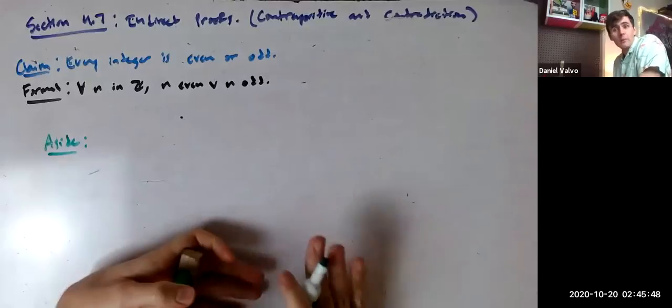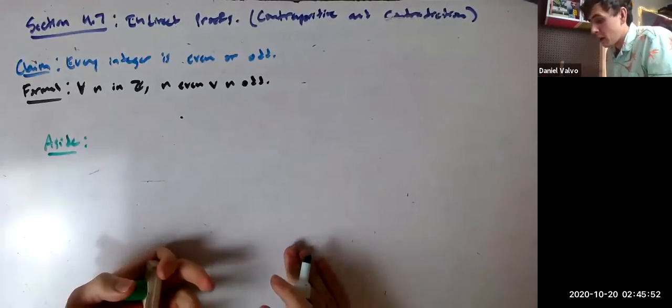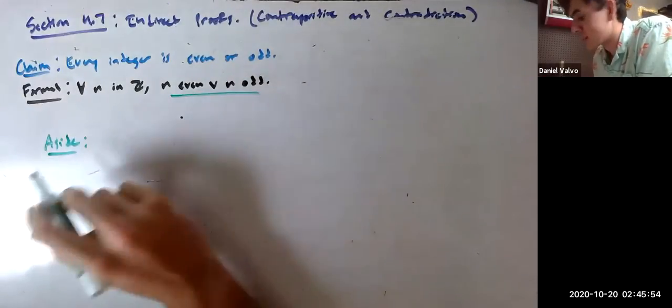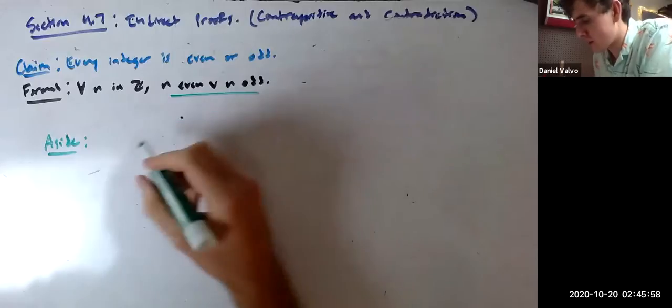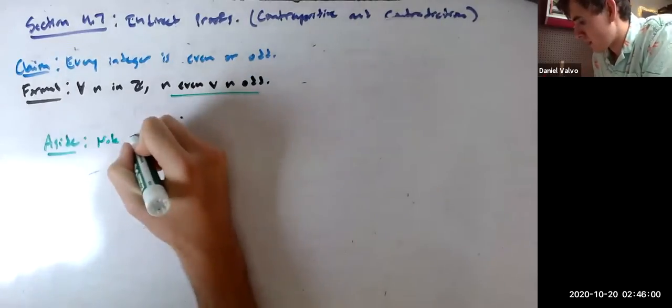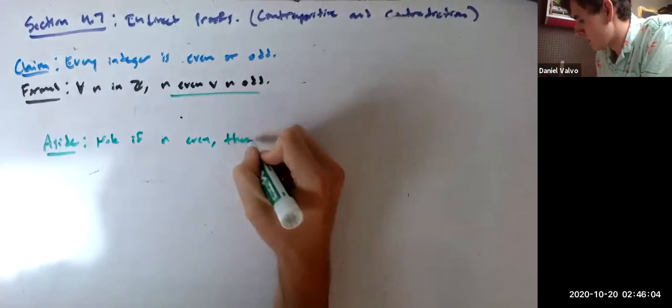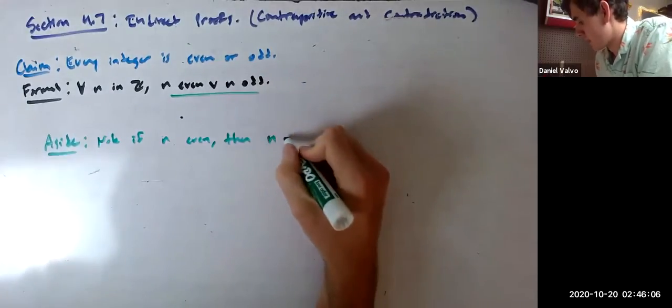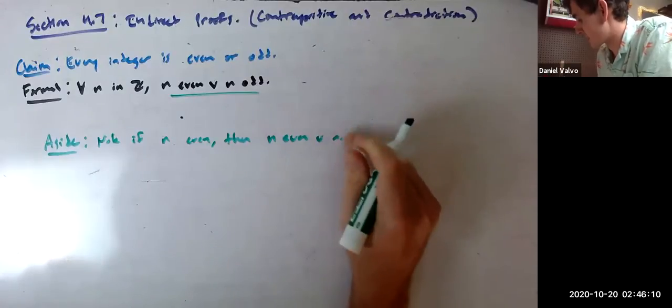So what this really comes down to, it's kind of like what we were talking about before, right? All we really have to show to prove this is that if n is not even, then n's odd. Because note, if n is even, then n even or n odd, so it works, right?